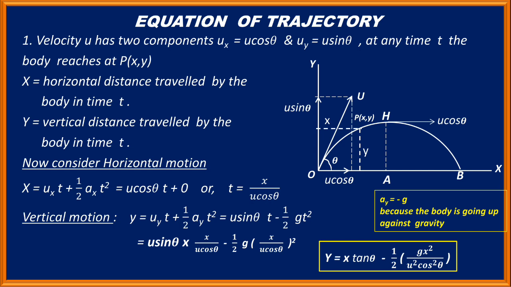Now the vertical motion, we can write y equal to uyt plus half ayt square. Since the body is going up against the gravity, its acceleration ay equal to minus g. So after replacing uy and ay, we are getting y equal to u sin theta into t minus half gt square.